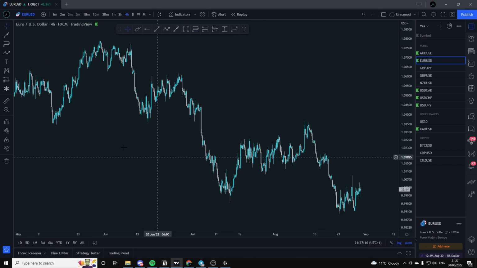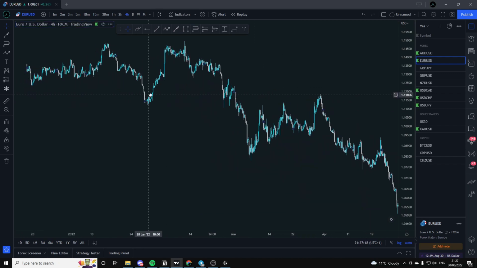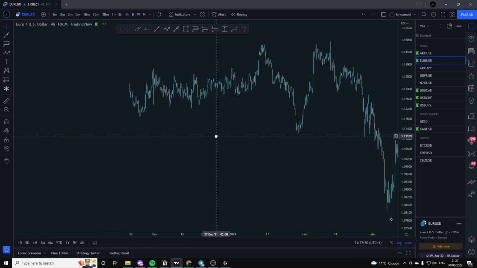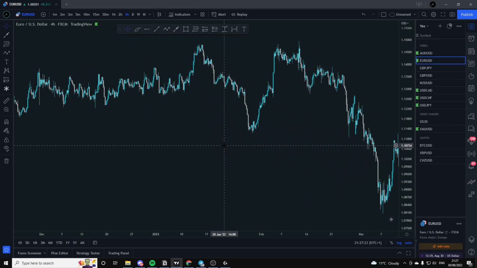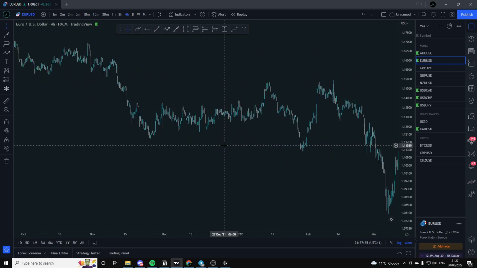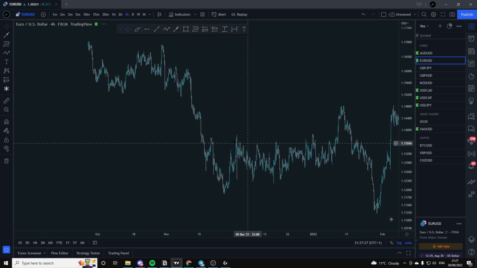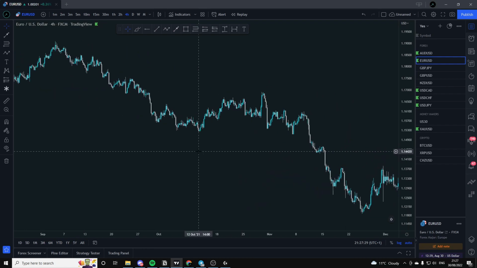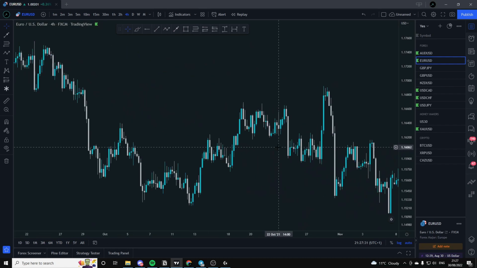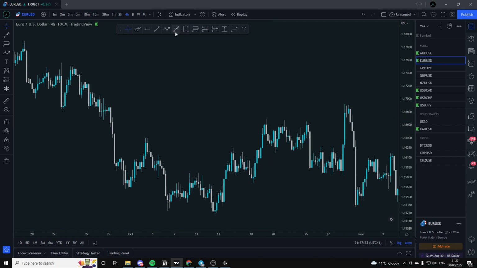Now, if we go a bit further back and we just do the same thing again, let's see. I'm trying to find some good examples here. So right here we have, let's say, our lower high, our lower low, our lower high, our lower low.